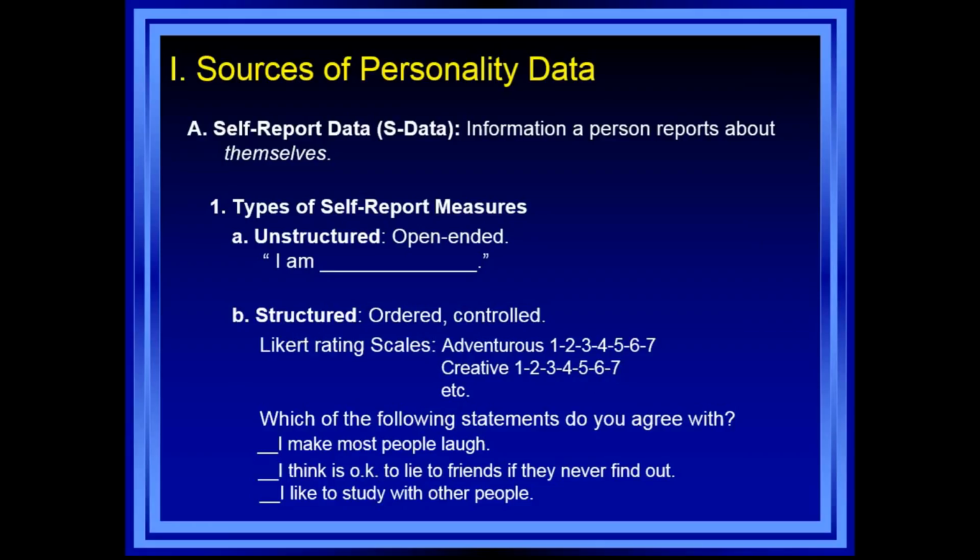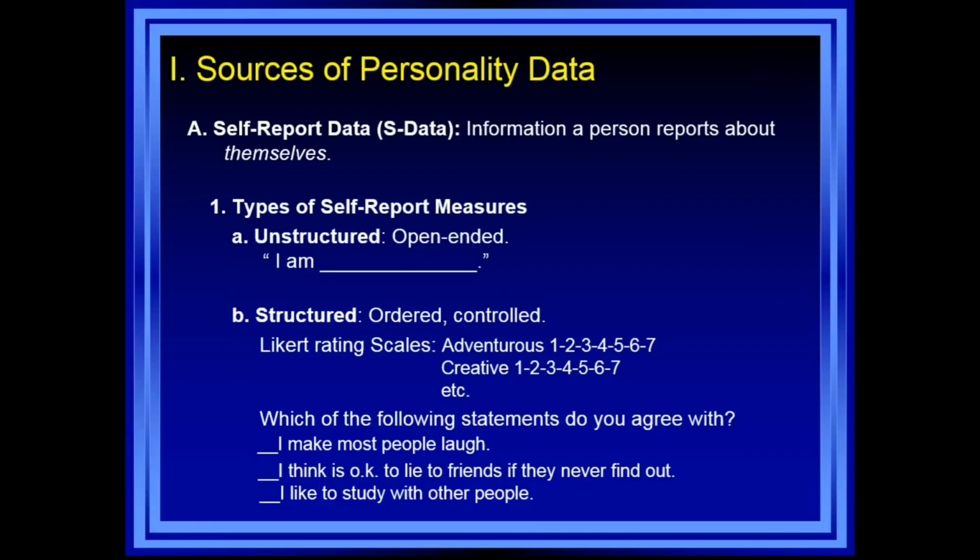I think you've all been exposed to Likert scales, even if you didn't know the term, Likert, or some people say Likert. Likert scales are just numerical scales that range from a small number up to a higher number, and you decide where you fall on that statement, whatever that statement might be.